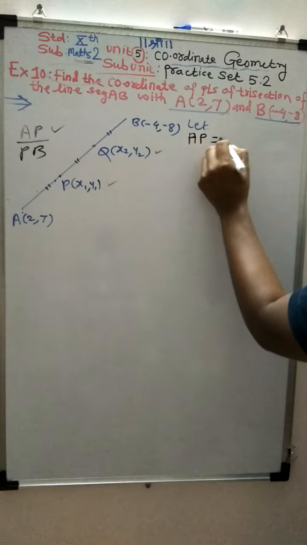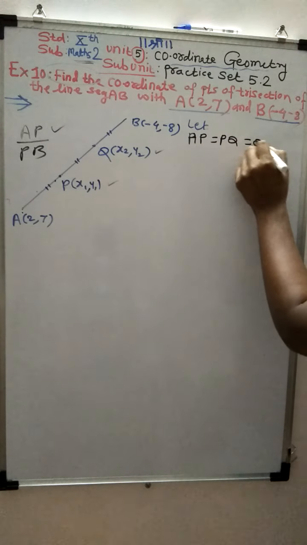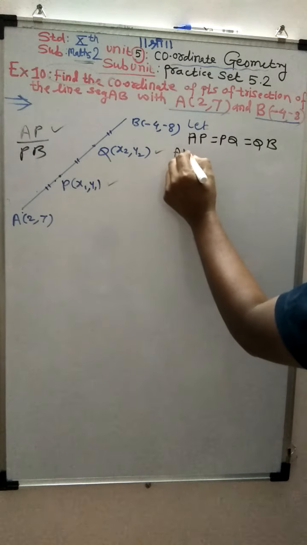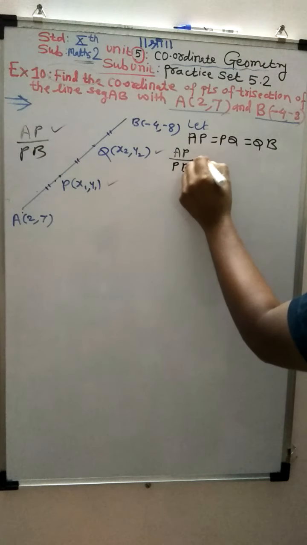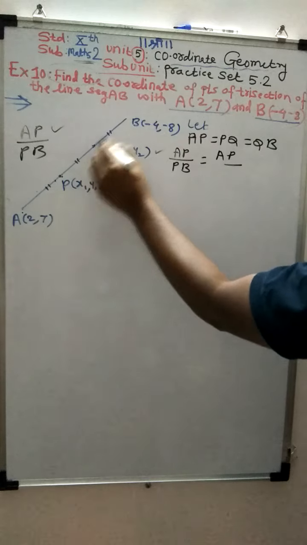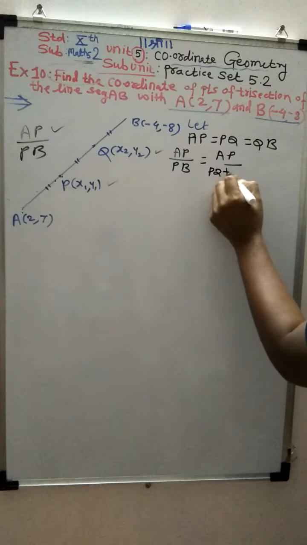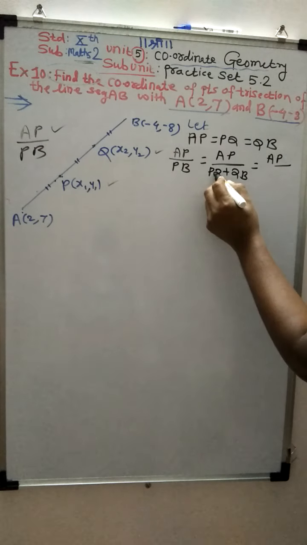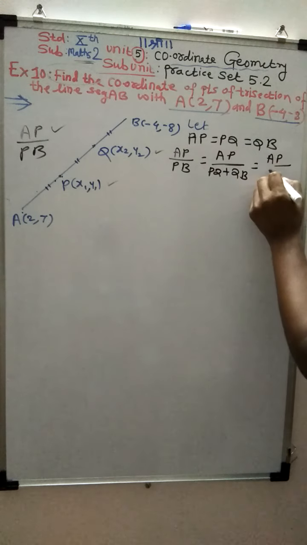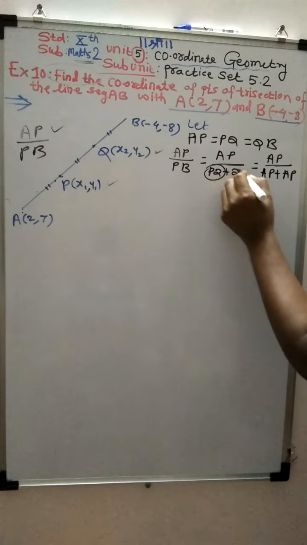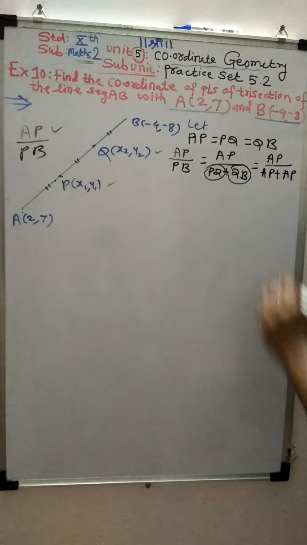AP, PQ and QB are congruent because it is trisected at points P and Q. So AP divided by PB: PB means PQ plus QB. Since PQ and QB are congruent to AP, we replace PQ and QB by AP.